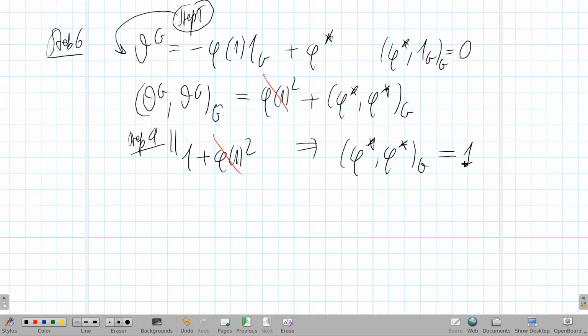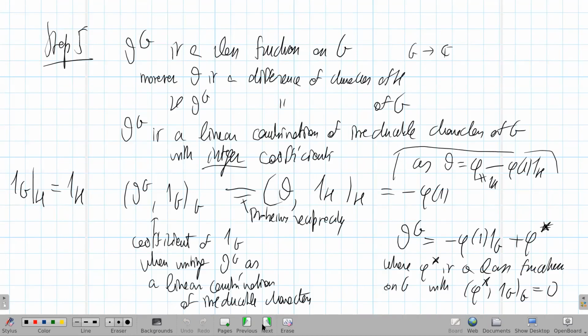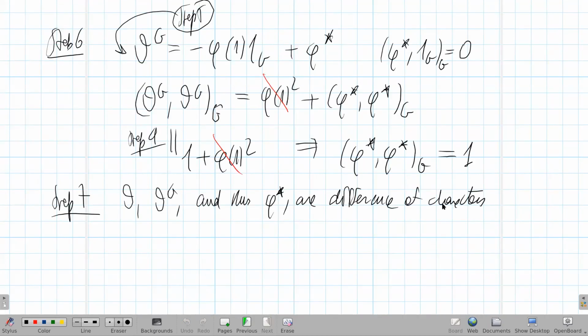Now there's a slightly tricky point, because you see, step 7. So remember, all these elements we are taking, theta^G and so on, so theta^G and thus phi star are differences of characters. Okay, but by the remark I made here, a character is a linear combination, as I said, with non-negative integer coefficients of irreducible characters.